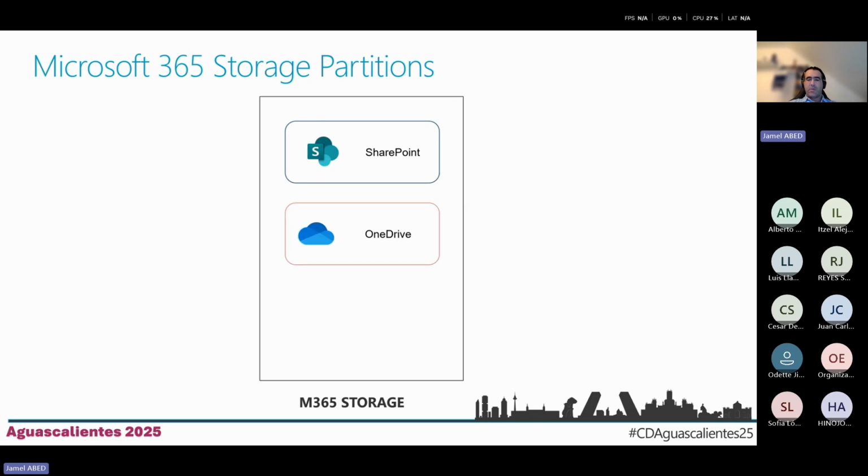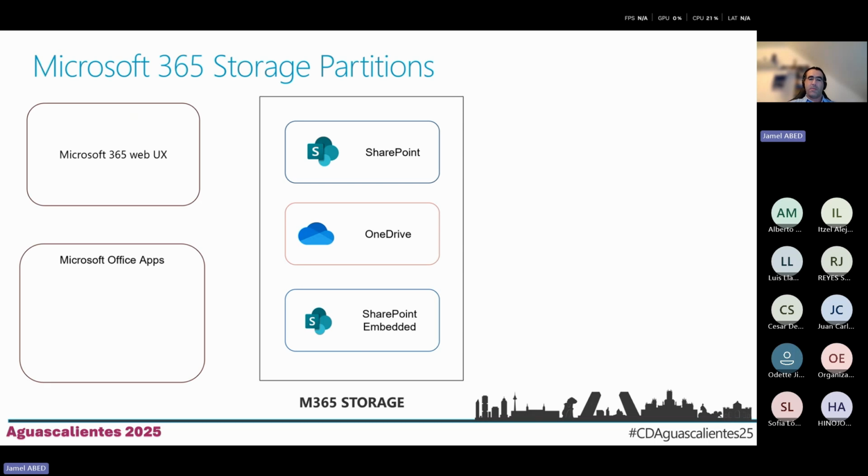And here I'll show you how the Microsoft 365 partition works. Before SharePoint embedded, to store a file, you had 2 options. You create a SharePoint site and you store the file in a SharePoint document library, or you store the file in OneDrive. And now you have the possibility to store and manage files in SharePoint embedded content.